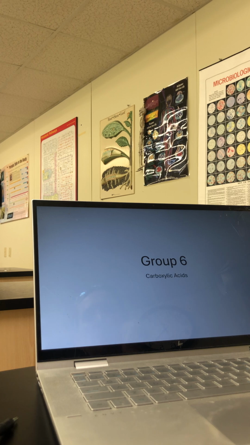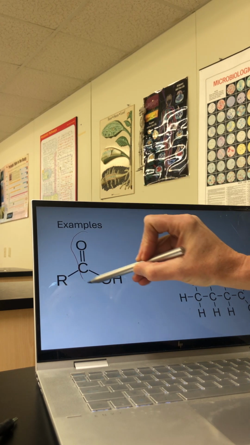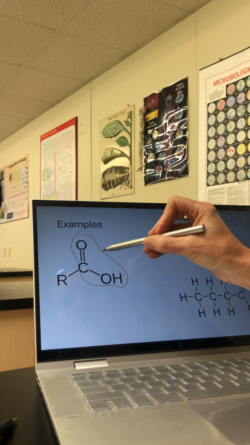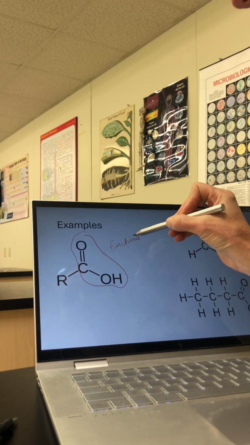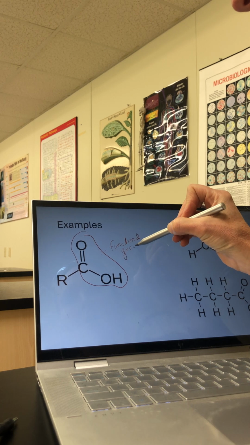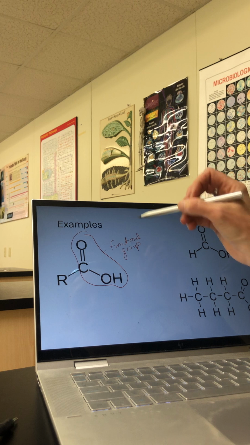All right, carboxylic acids are quite similar to the aldehydes in terms of how you name them and where they're located. So here's an example of the carboxylic acid. This is the functional group that you will see, and this is only found at the end of a chain.